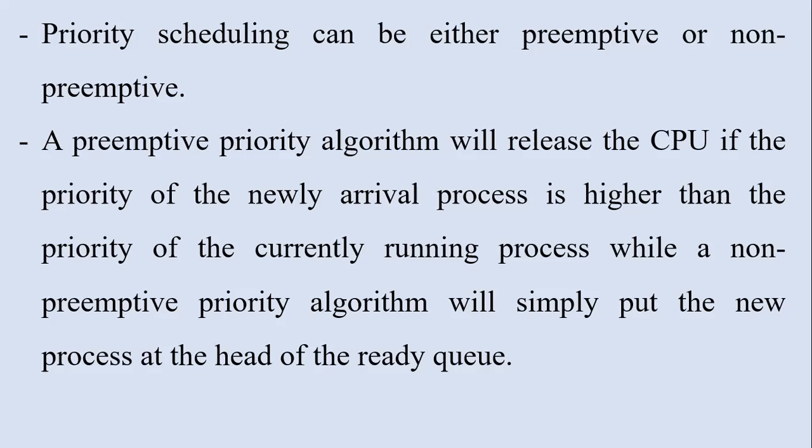Priority scheduling can be either preemptive or non-preemptive. A preemptive priority algorithm will release the CPU if the priority of the newly arrived process is higher than the priority of the currently running process, while a non-preemptive priority algorithm will simply put the new process at the head of the ready queue.